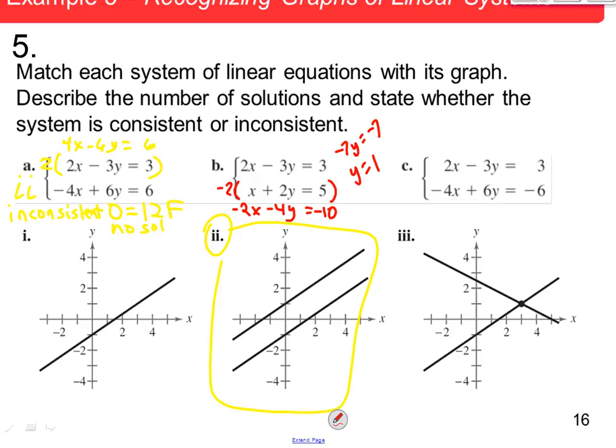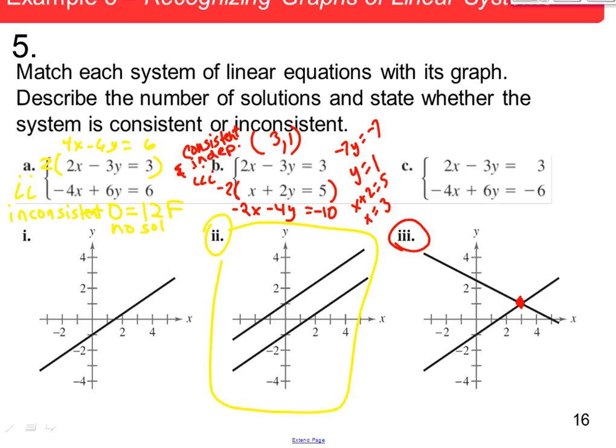When y equals 1, I'll substitute that back into the second one: x plus 2 equals 5, so x equals 3. So it has one answer, which is (3, 1), and that's the point of intersection. So this one is I, and these are consistent and independent.